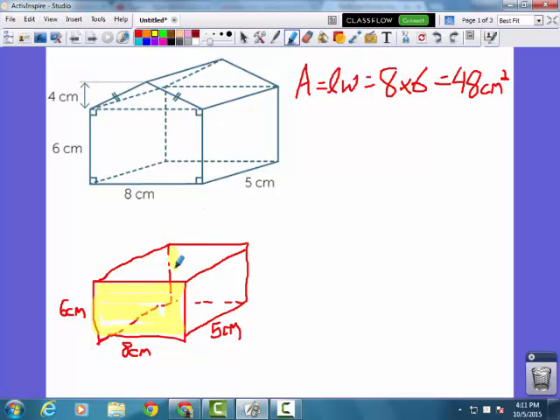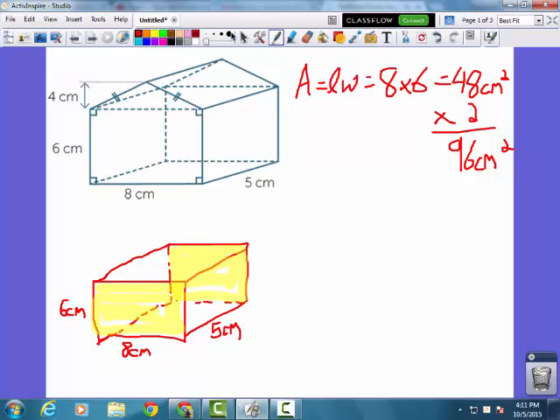The other side is the exact same dimensions, so this side here is also 48 centimeters squared. So we can multiply this by 2 for a total of 96 centimeters squared.